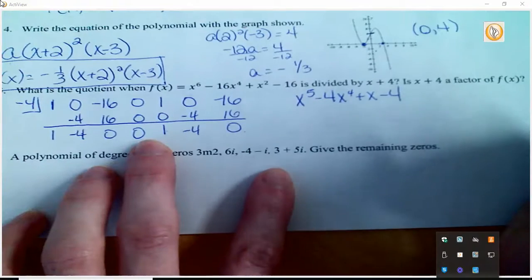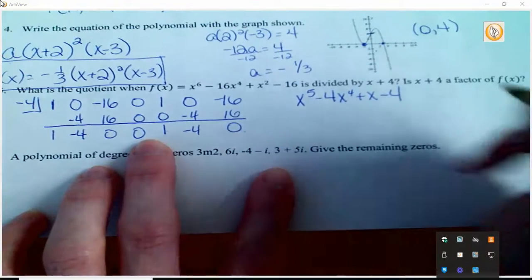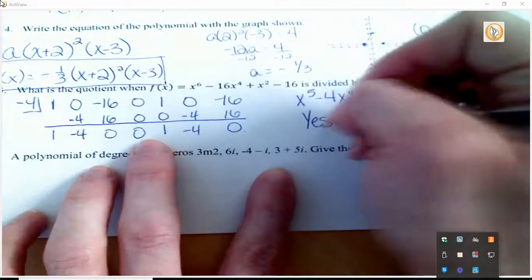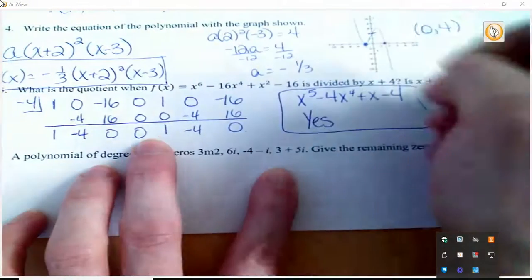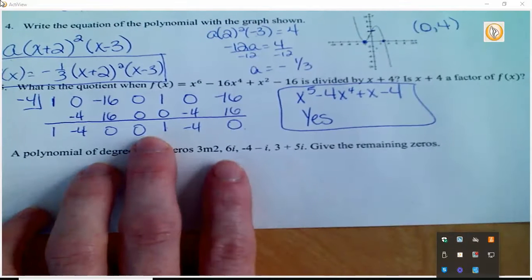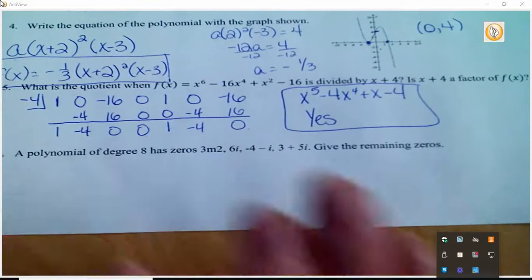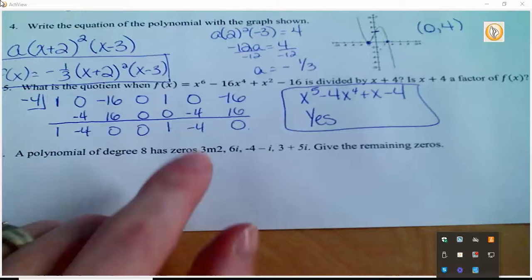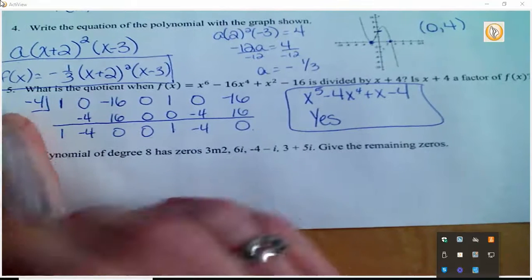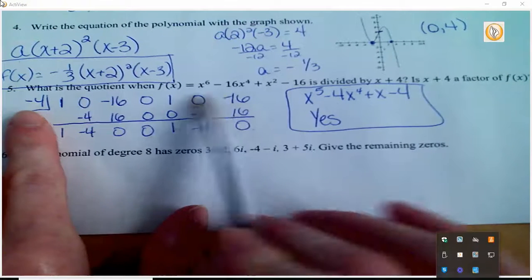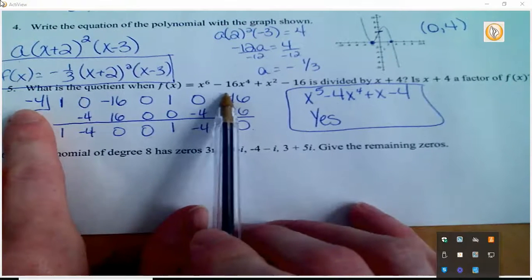Is it a factor? Yes. What does it mean to be a factor? The remainder is 0. If all I cared about was whether or not it was a factor, if I didn't need the quotient, you could just plug a -4 into your polynomial to get your remainder out.